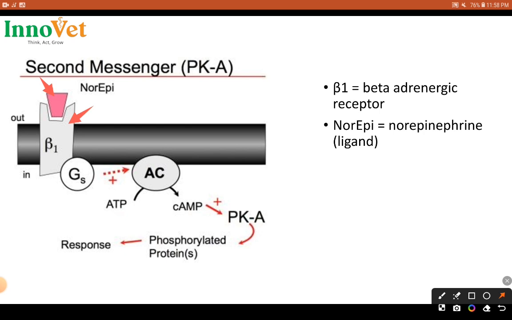So it will be activated and it will go on to act on ATP, generating the secondary messenger, which is cyclic AMP. The cyclic AMP will go on to phosphorylate or activate protein kinase A. Now the activated, phosphorylated protein kinase A will go on to bring about cellular responses.